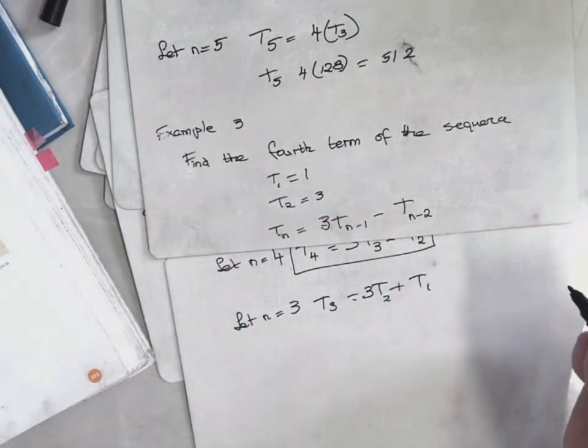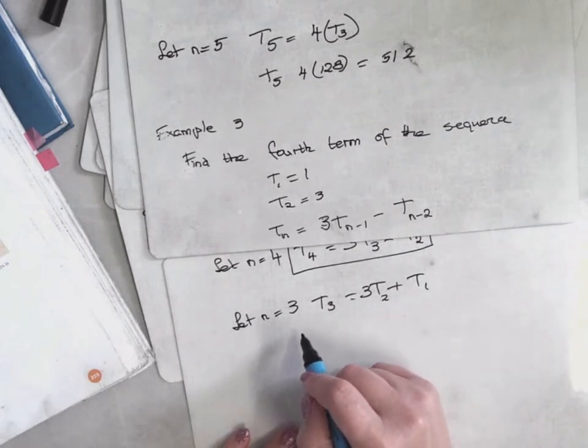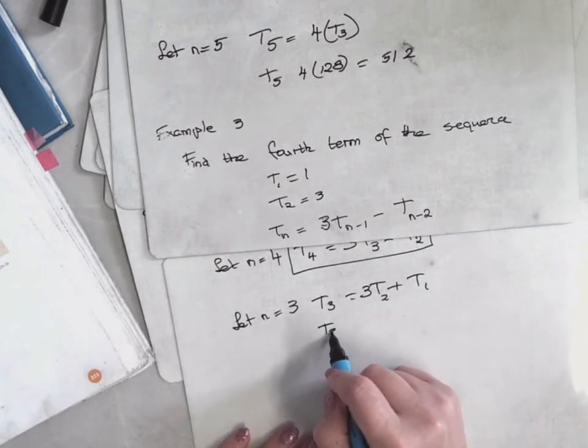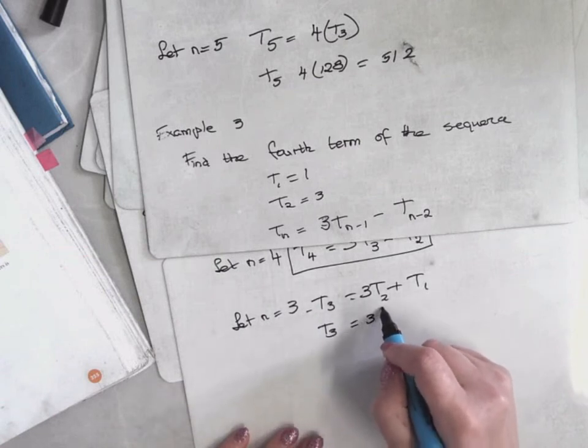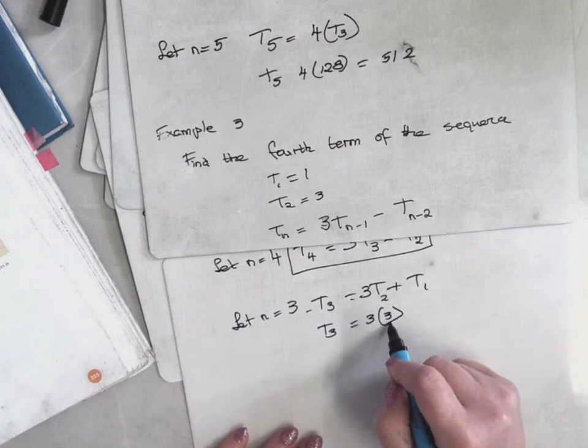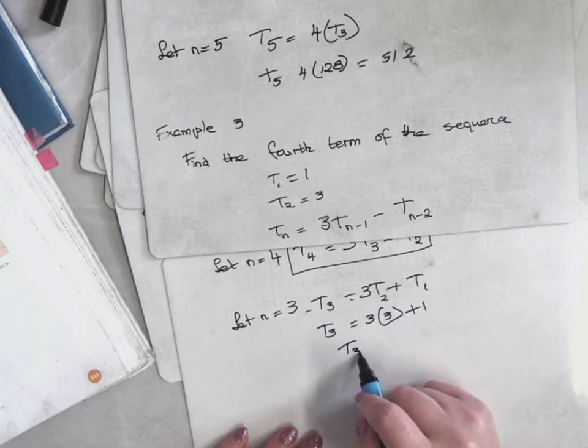I can do that, can't I? Because I have term 1 and term 2. So that means term number 3 is equal to 3 times term number 2, which is 3, plus term number 1, which is 1. So term number 3 is 10.